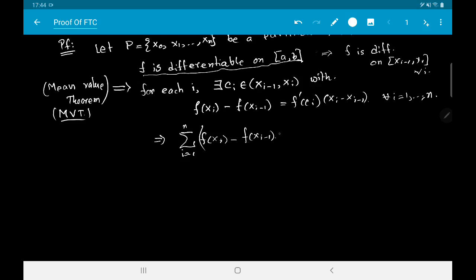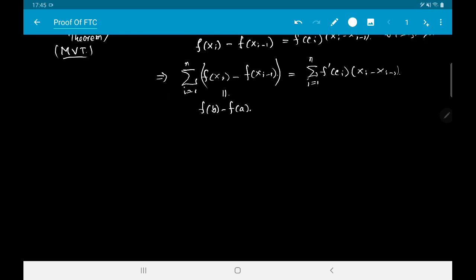We have seen this kind of sums before, and this is the summation of f prime(ci)(xi − xi−1). So this sum also goes from 1 to n. Okay, so now if you look at it carefully, you will see that you will get f(b) − f(a) at the end of the tunnel, and here we are going to do some estimation.